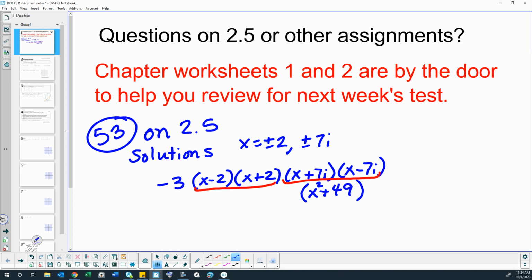So this one will turn into a difference of squares, x squared minus 4, won't it? So then we'd have negative 3 times this stuff. But then we need one more 0 to get to degree 5. We don't know what that 0 is. So let's throw in another thing and call it just C for some other 0 that we don't know yet.